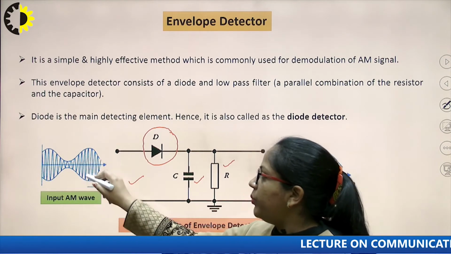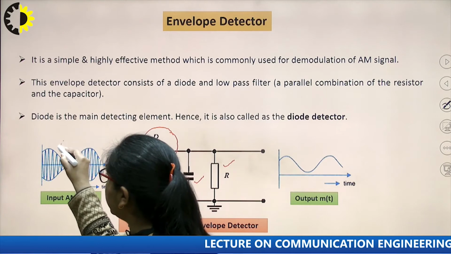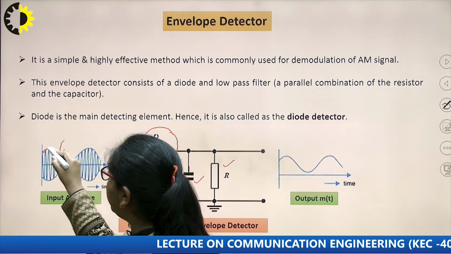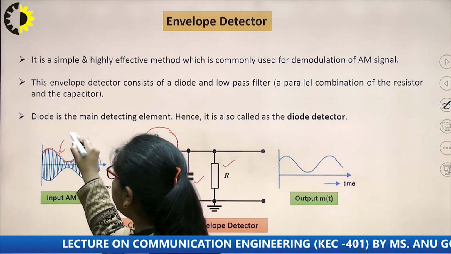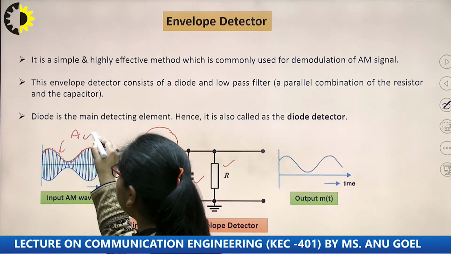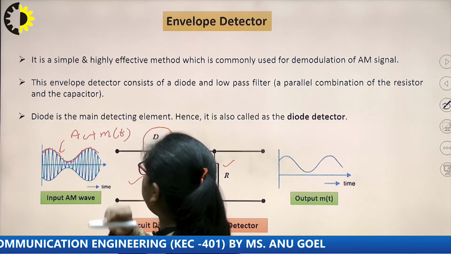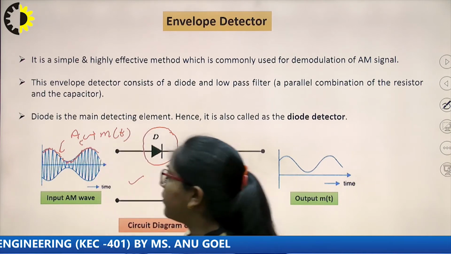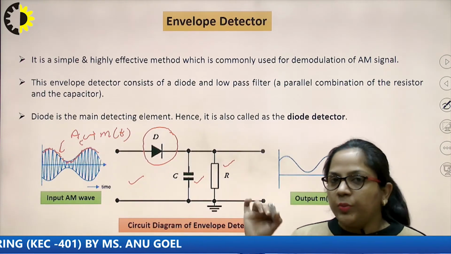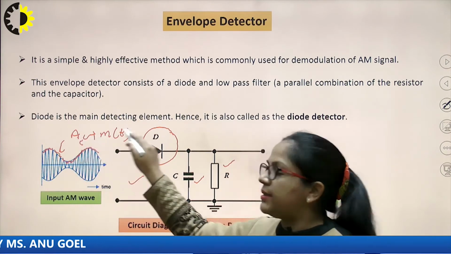This amplitude modulated wave, this portion, that is the envelope, the outer portion of this AM wave, we can mention as Ac plus m(t). The outer portion of this AM wave is the summation of Ac plus m(t).